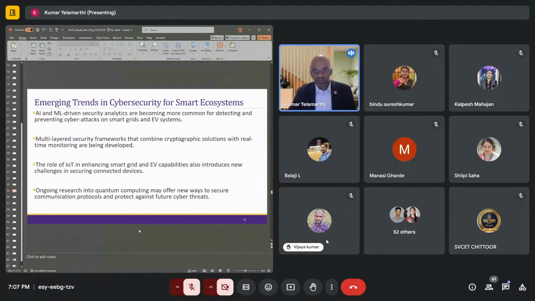So what are the trends going on in this area? One is AI and ML-driven data analytics. Number two, security frameworks at different levels, anywhere from the edge device all the way to the cloud. There are multi-layered security frameworks, right? Then, enhancing the capabilities of the grids. And lastly, also look into quantum computing to see if it can provide secure protocols.